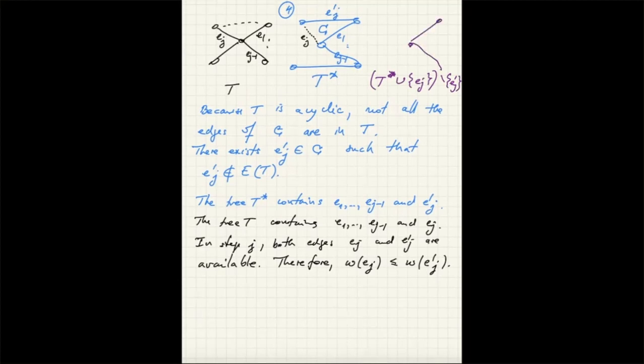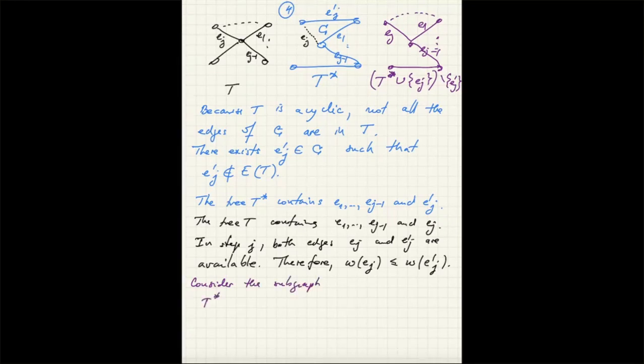Okay, so what tree is this? Everything before stays the same, E1, EJ minus 1. This part stays the same. But now, we added EJ, so this edge comes in, and the other edge disappears. So this new tree has more in common with T than the previous tree. Consider the subgraph.